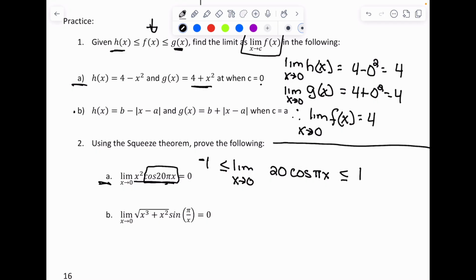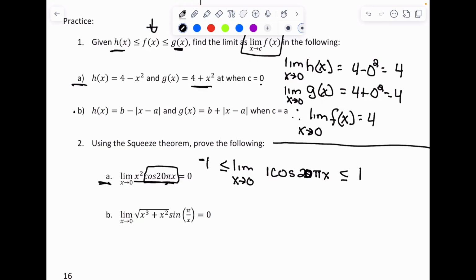Well, the amplitude of cosine is 1, even though I wrote this incorrectly. I wrote that wrong. Cosine 20 pi x, the amplitude is 1, meaning that the highest it's going to go is 1, the lowest it's going to go is -1.